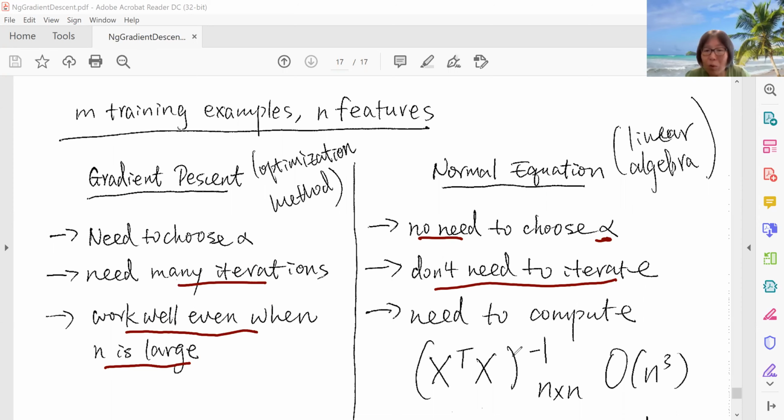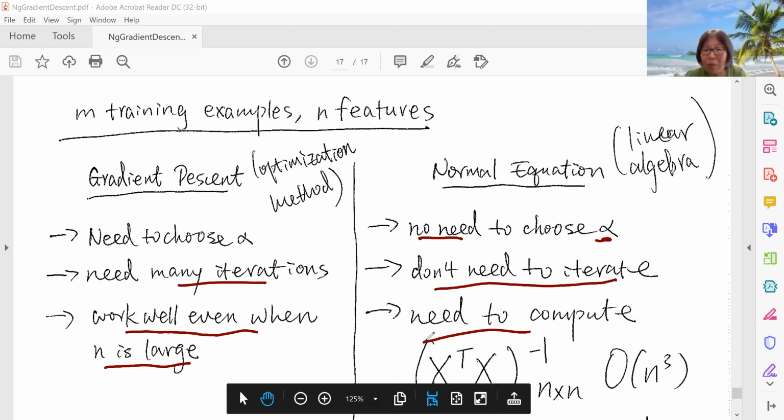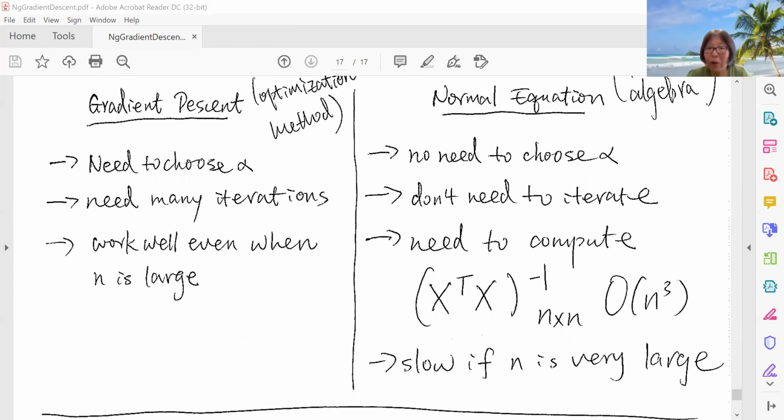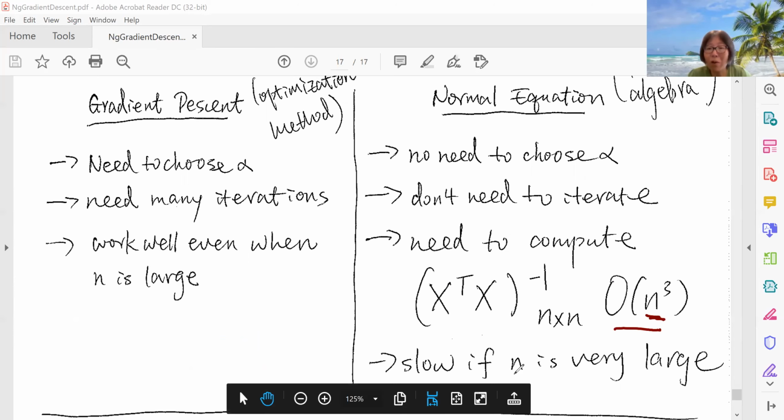But you do need to calculate the big matrix, and the algorithm analysis is going to be order of n squared. So we can clearly say algorithmically it's also not efficient, and if n is very large, then it's going to be quite slow.